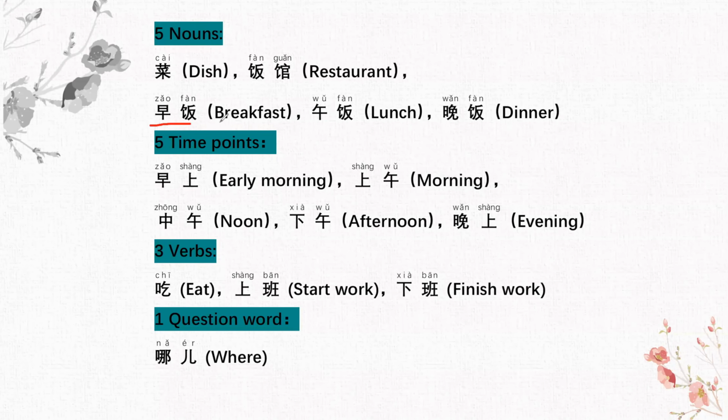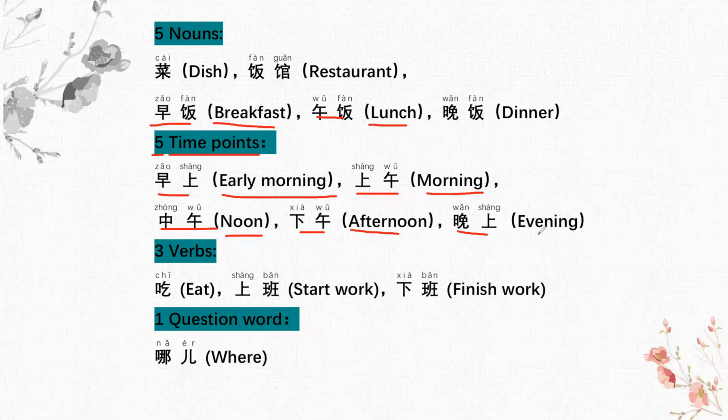早饭 breakfast. 午饭 lunch. 晚饭 dinner. So now let us learn another 5 time points. 早上 early morning. 上午 morning, 中午 noon, 下午 afternoon, 晚上 evening.